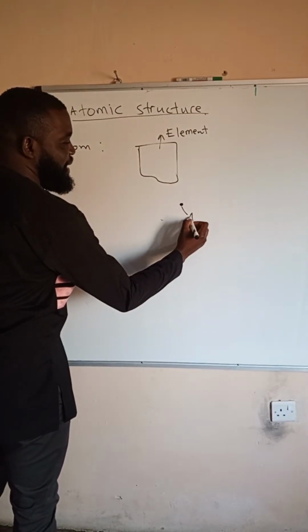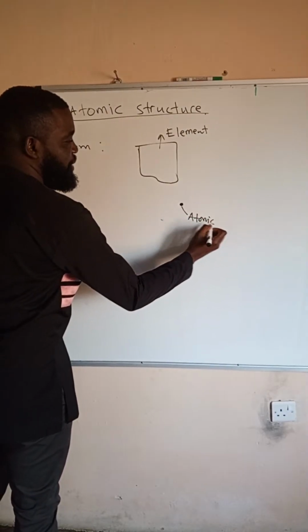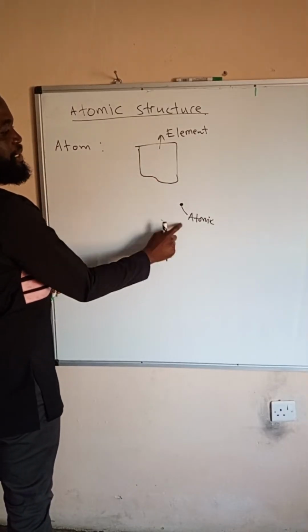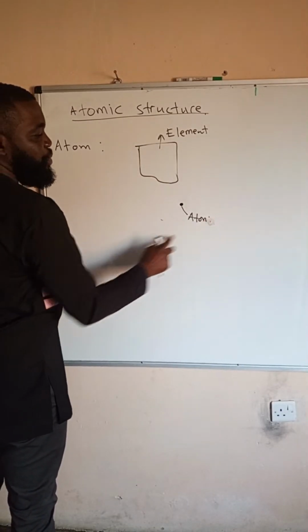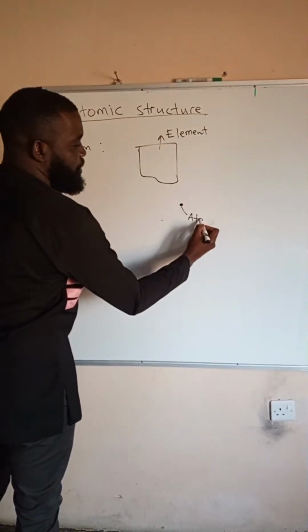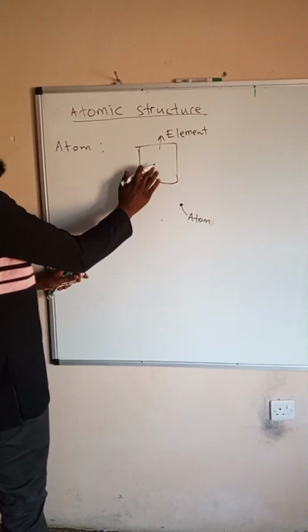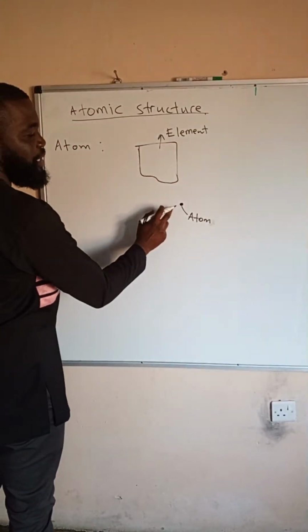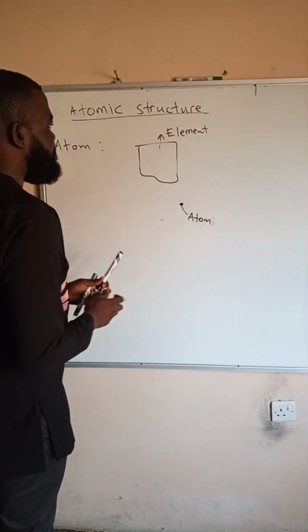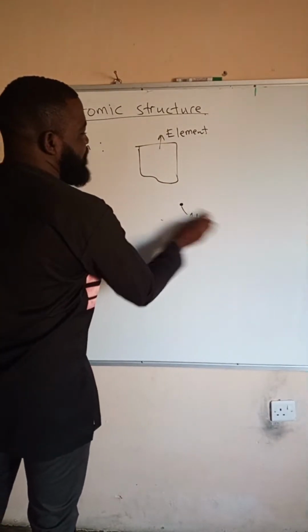So this is an atom. An atom is the smallest particle of the main element. This atom is what you use in the chemical reactions that you're going to be doing in chemistry. Okay? So, that's what an atom is.